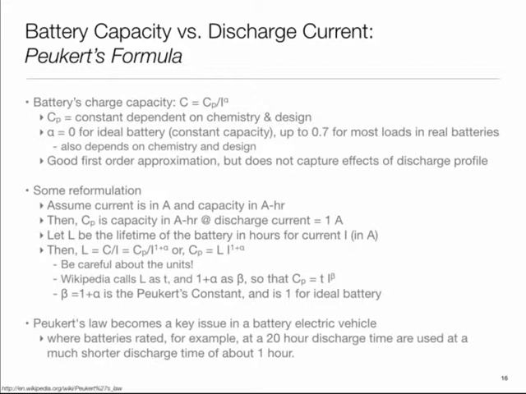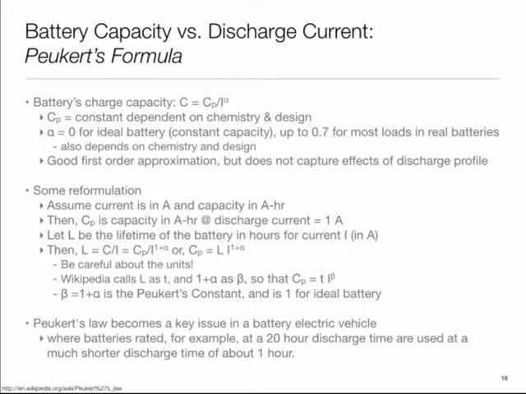But since alpha is non-zero, usually around 0.5 or 0.7, as the current goes up, the denominator will go up, and therefore the capacity will go down. So it's a good first order approximation, but it does not capture the relaxation effect. There are, like I said, some twists on this basic concept.